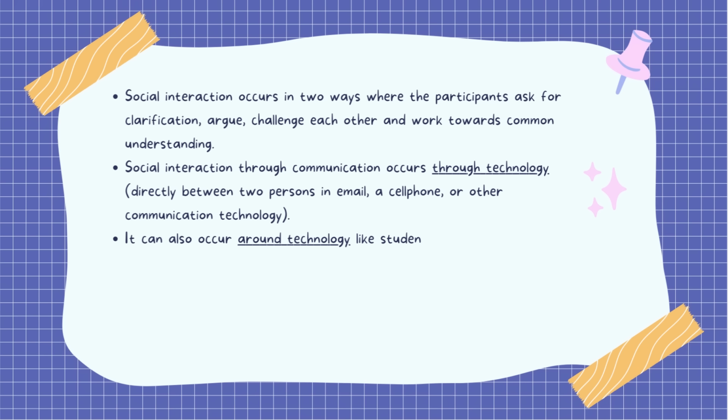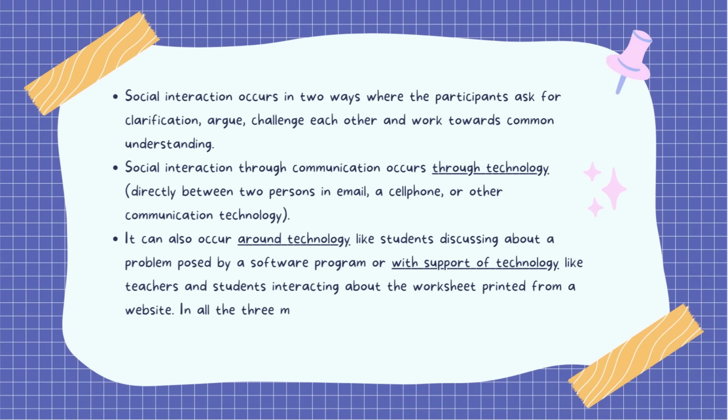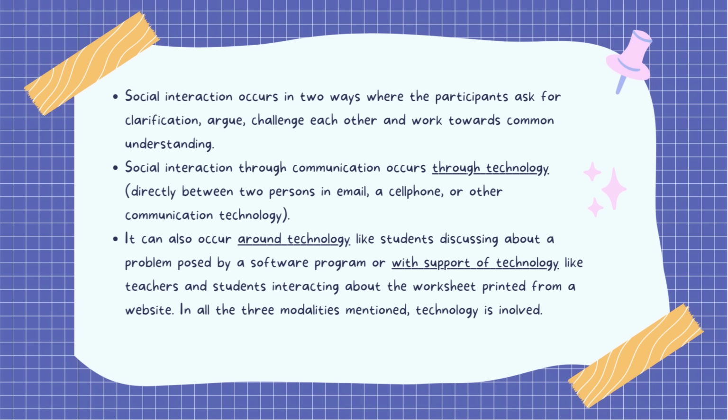It can also occur around technology, like students discussing a problem posed by a software program, or with support of technology, like teachers and students interacting about the worksheet printed from a website. And in all these three modalities mentioned, technology is involved.